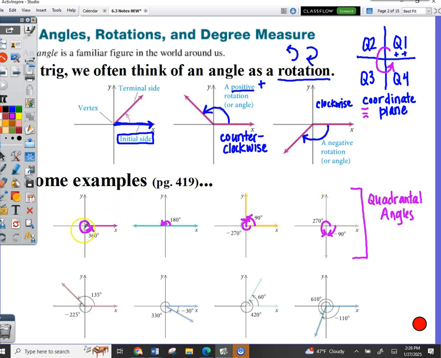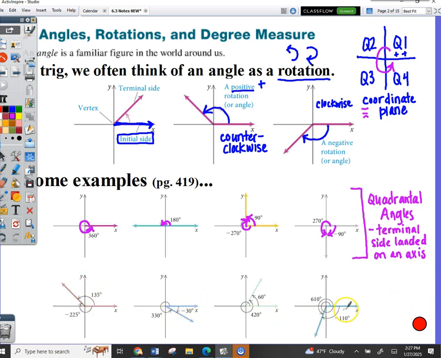Quadrantal angle. The terminal side landed on an axis. So if you need to make that note, the terminal side landed on an axis. It's a quadrantal.